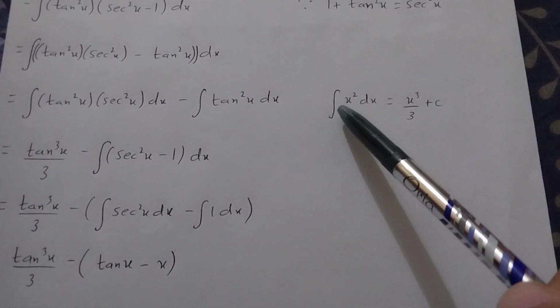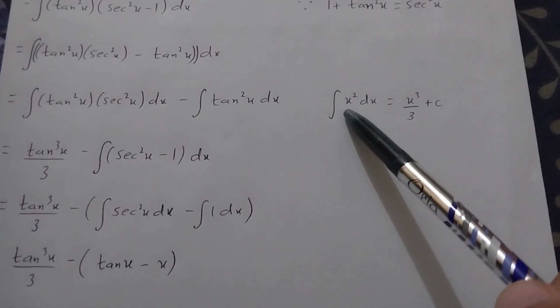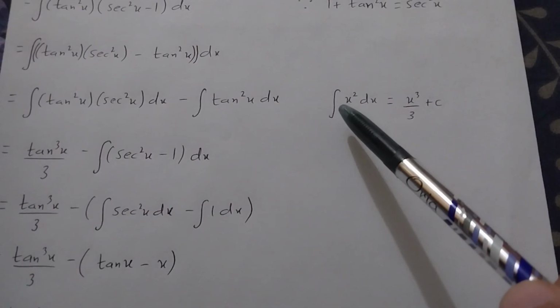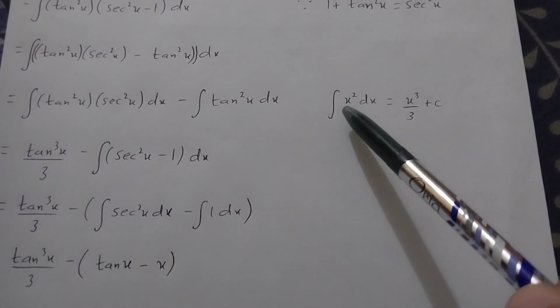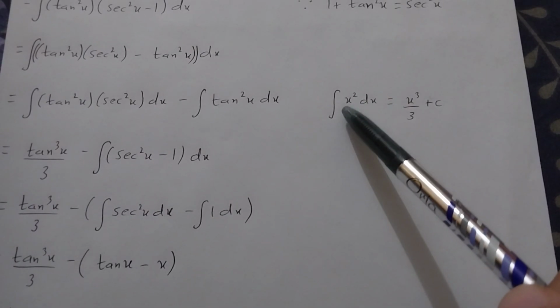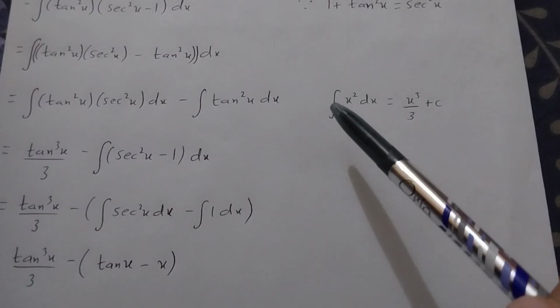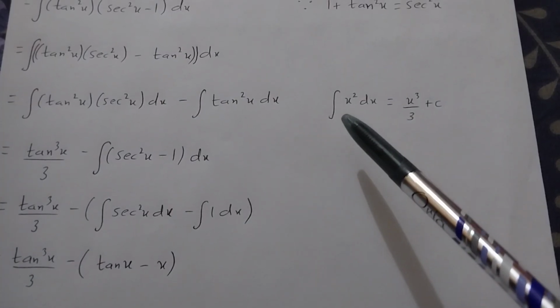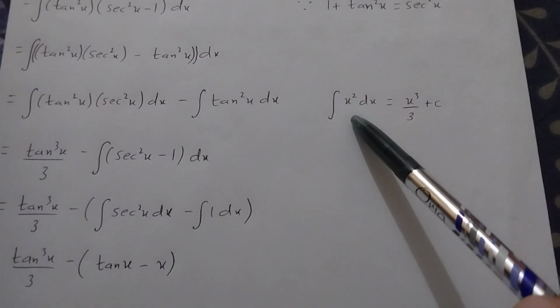We can't write that the integral of x square is x cube, because we have 3x square there, but here we have x square.